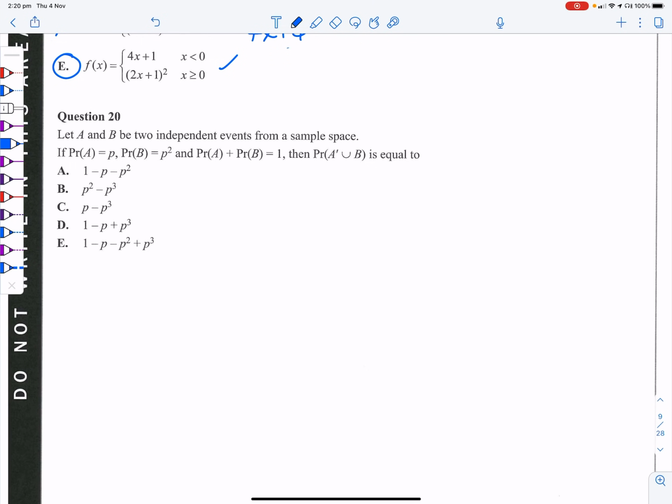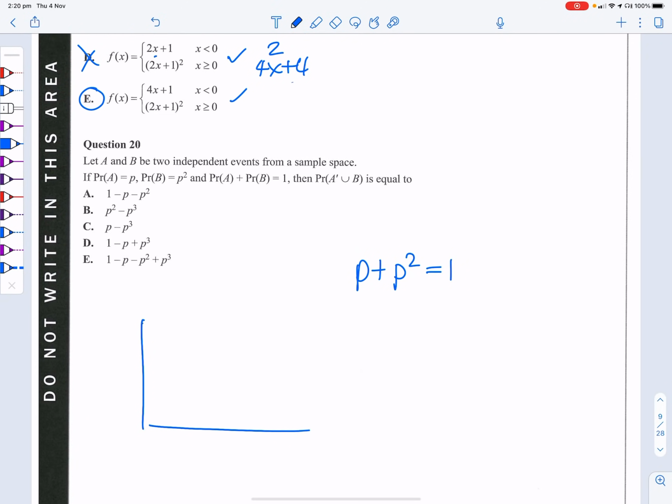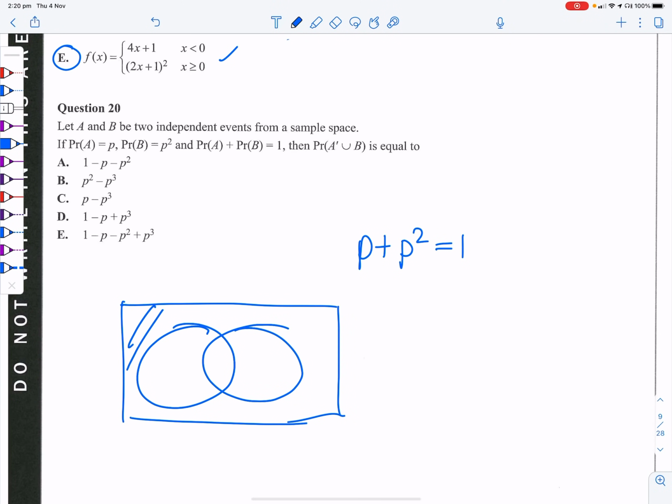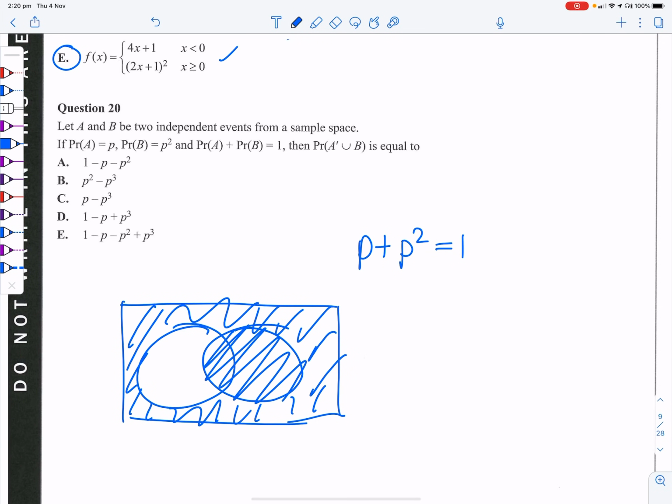Okay, let A and B be two independent events from a sample space. The probability of A is P, the probability of B is P squared. The probability of A plus B equals 1. So P plus P squared is 1. What else do we know? The probability of A not or B. So A not is everything out here, or B is that.